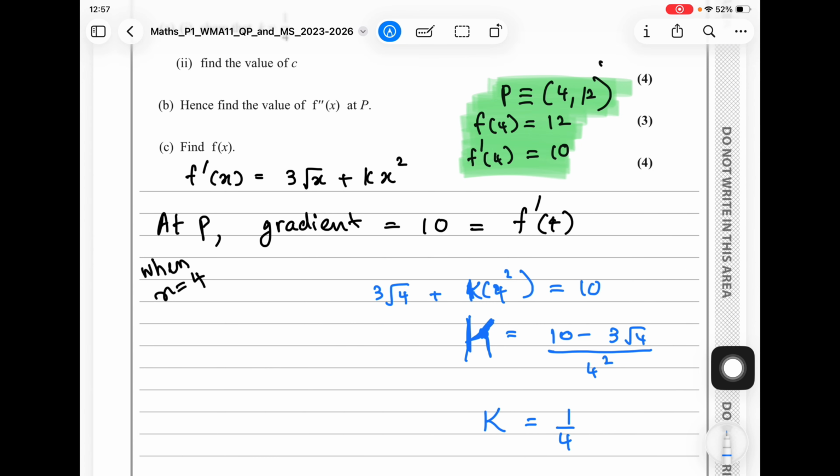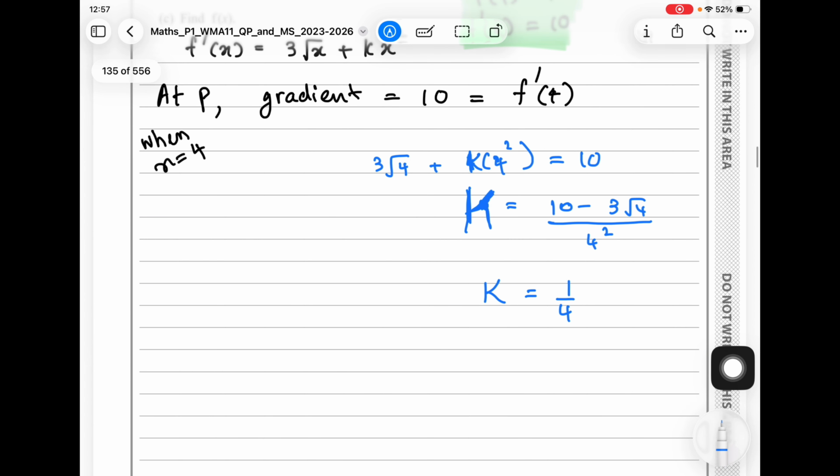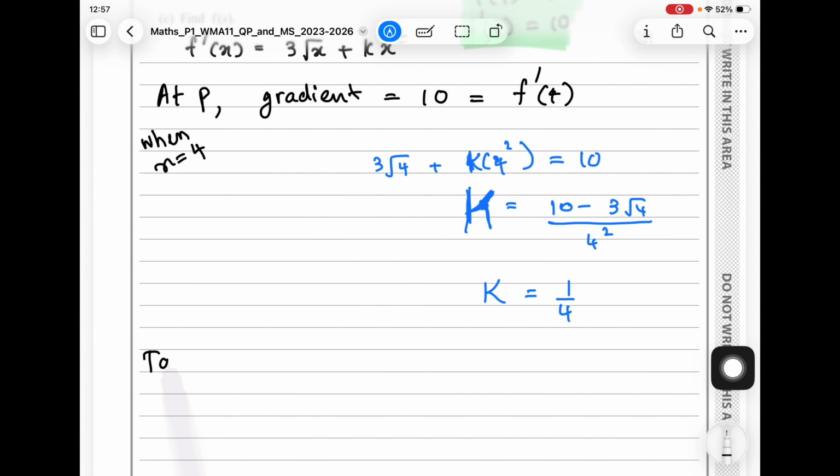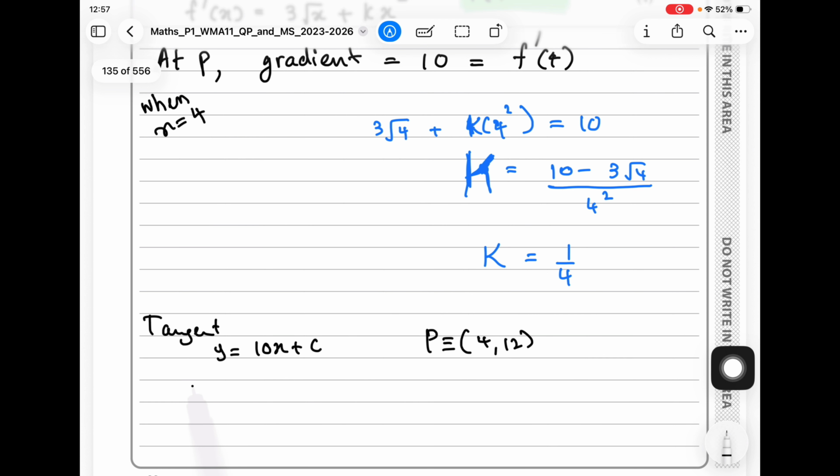Now when we have to find c, that is also quite similar. The c equation comes from the tangent, 10x + c. So we know this P point is on the line, and on the curve, so we can easily do the substitution: 12 = 10 × 4 + c.